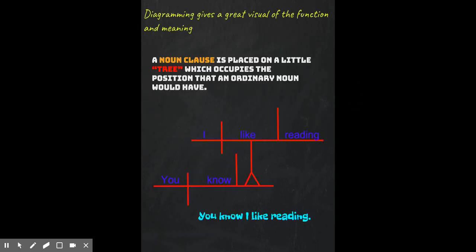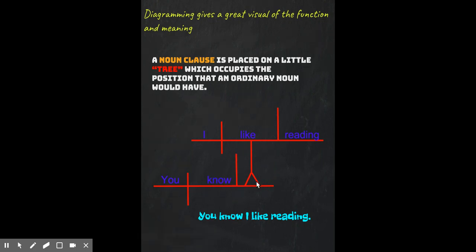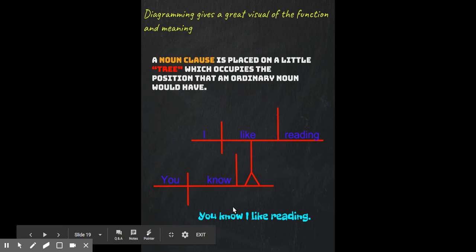All right, let's look at diagramming. So a noun clause is placed on a little bitty looking tree, this right here, which occupies the place that the ordinary noun would be. So in my example here, you have the subject, the verb, and the straight line, meaning this is a direct object. So this unit is functioning as a direct object. So the sentence, "You know I like reading."